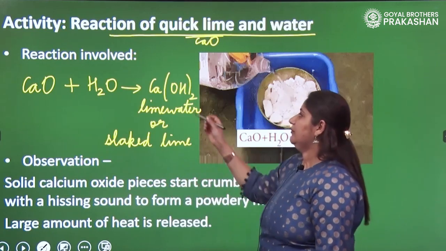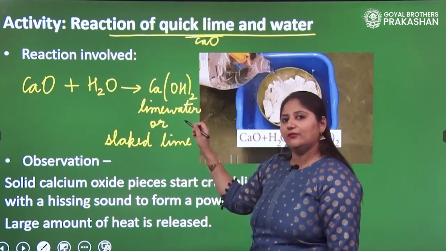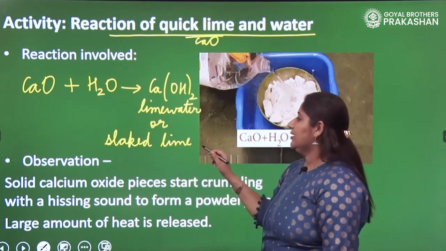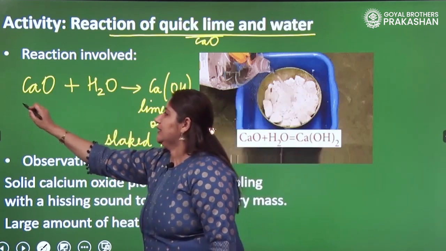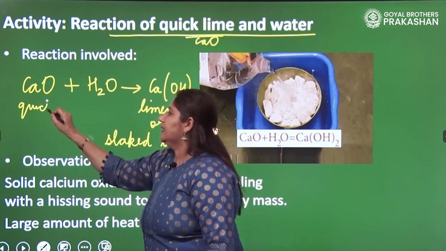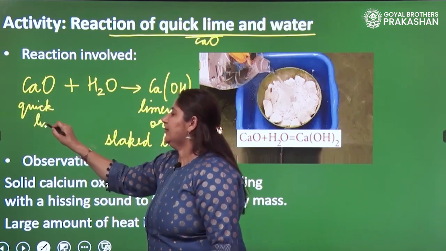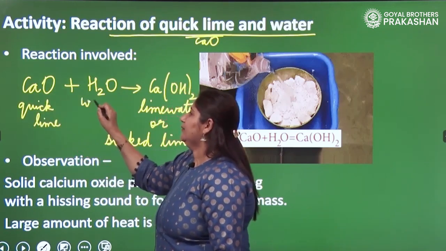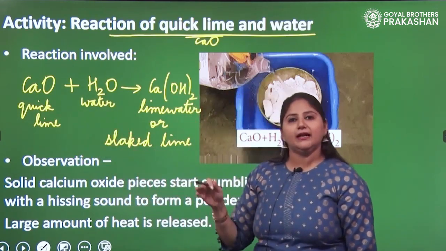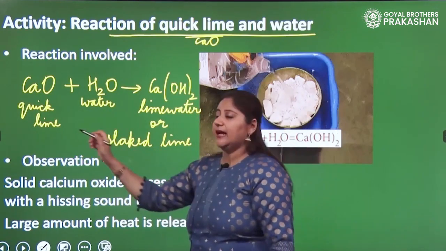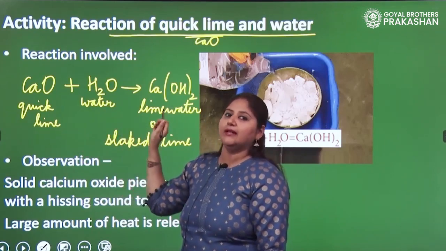What is the common name of calcium hydroxide? It is lime water or slaked lime. We are calling it lime water because we are treating lime. What is this? This is quicklime. Calcium oxide is quicklime and we are treating it with water. So lime combines with water to form lime water.